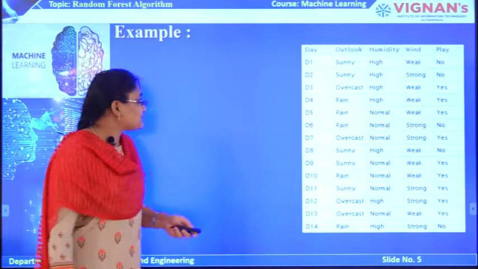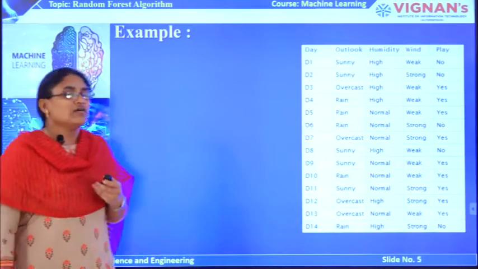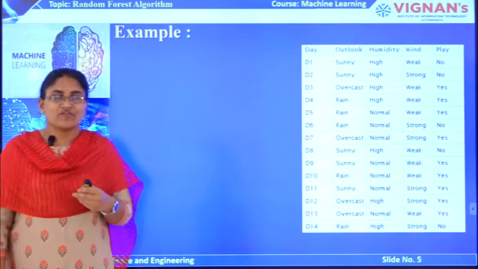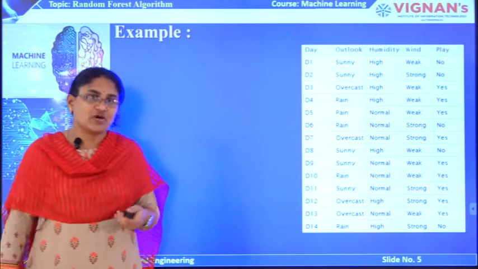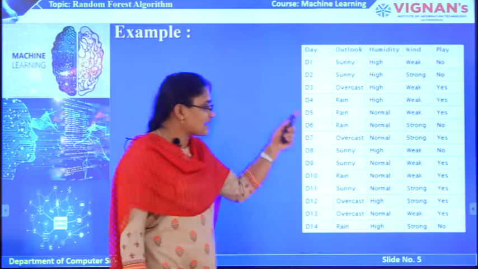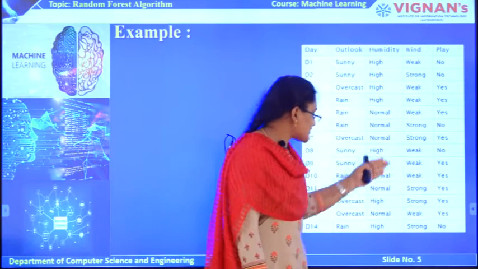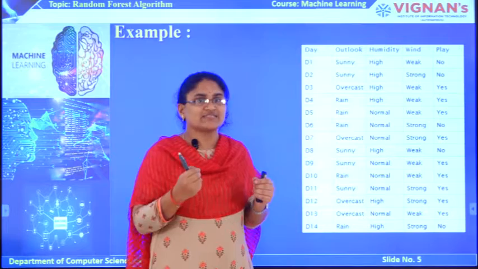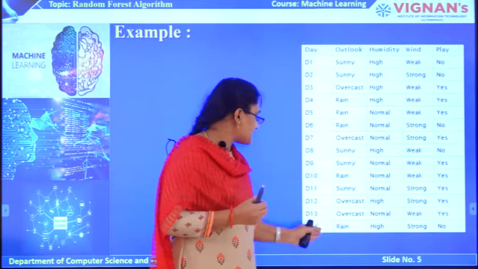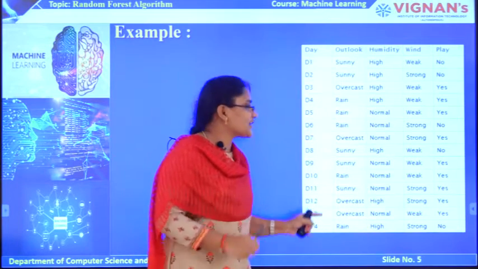Now let's see one example. By using this example we can easily understand how the random forest algorithm works. Here I am considering one data set which contains the weather information related to 14 days, from D1 to D14.